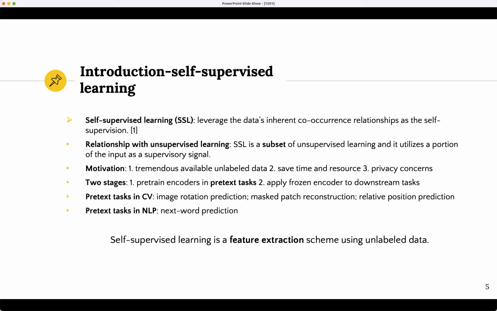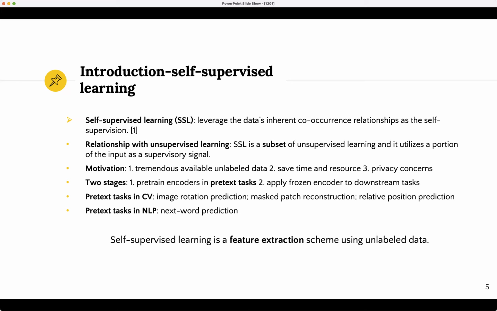To help you further understand the pretext task, I also list some examples in the computer vision and NLP fields. In computer vision, tasks may be image rotation prediction, masked patch reconstruction, or relative position prediction.